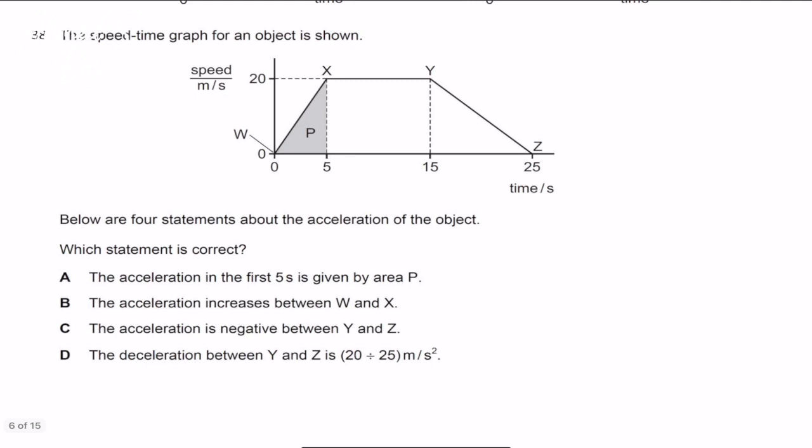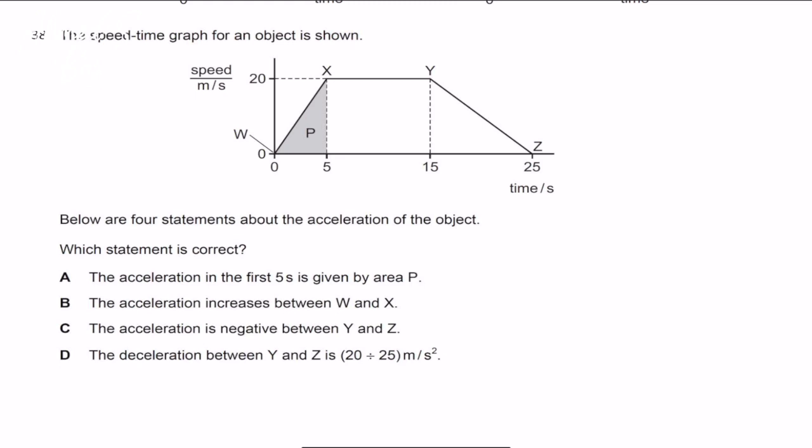In the next question, they said the speed time graph for an object is shown. Below are 4 statements about the acceleration of an object. Which statement is correct? I could say that the body is accelerating initially, then the body stops accelerating with a constant speed, then the body decelerates from Y to Z. So we have 3 stages. Let's see.